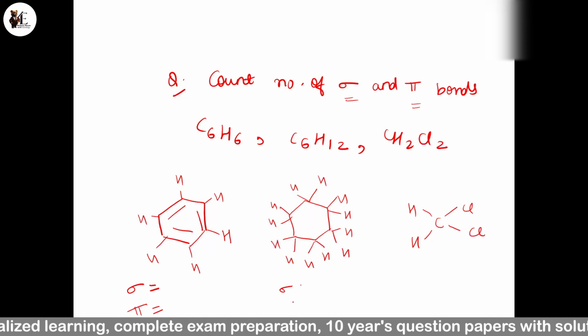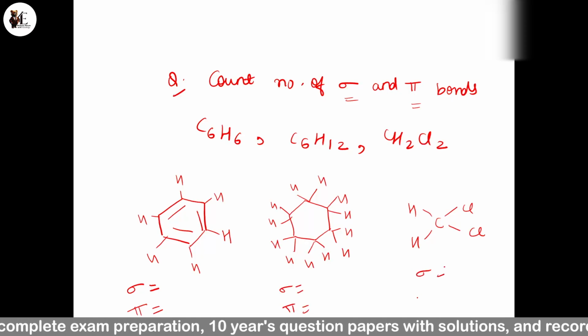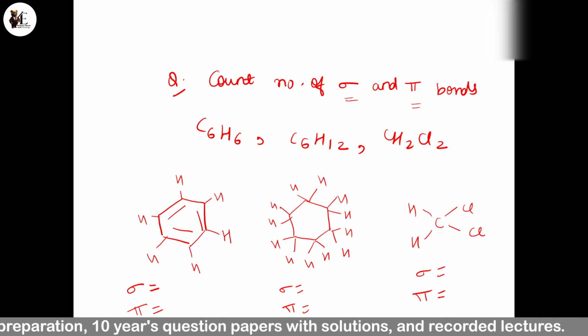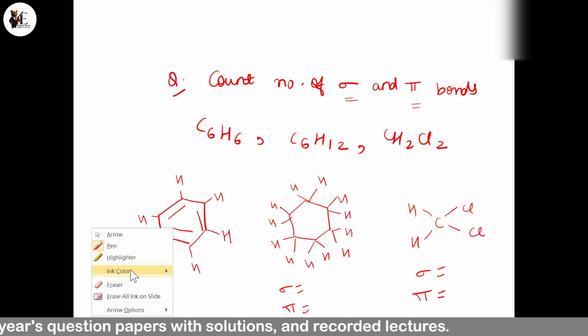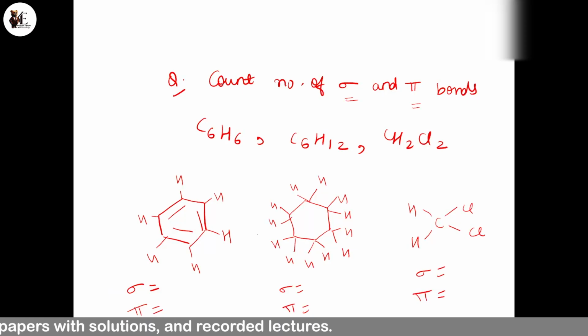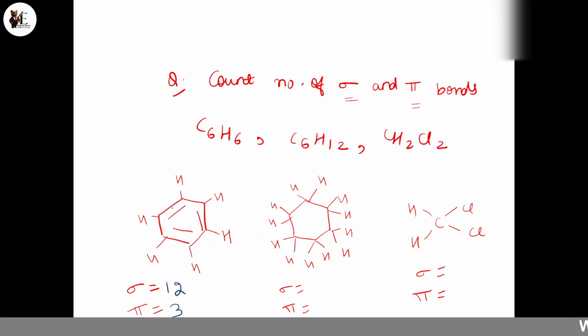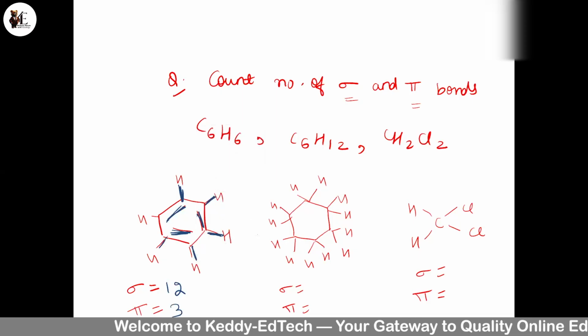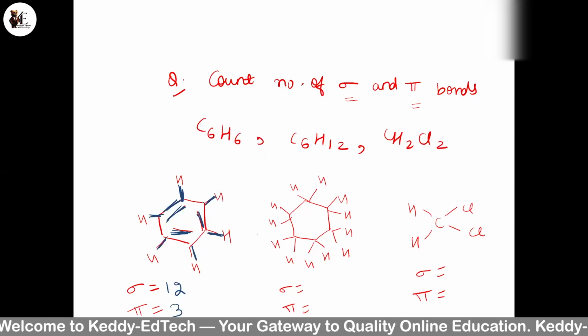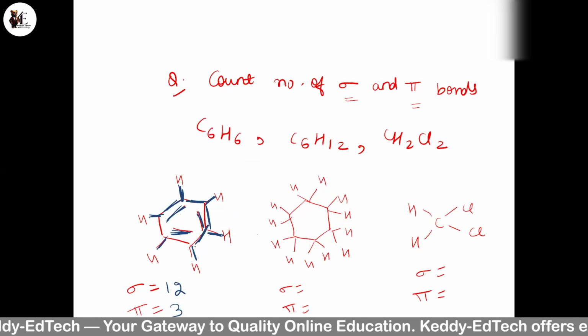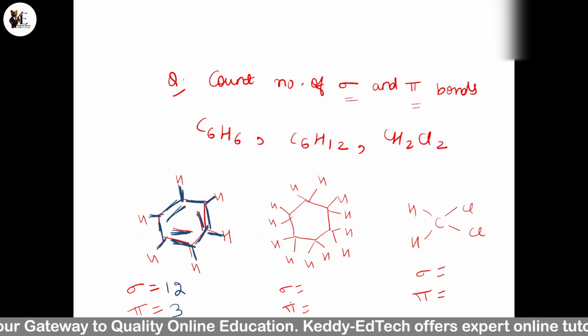And how many pi bonds are there? In benzene, there are 12 sigma bonds and 3 pi bonds. Yes, 12 sigma and 3 pi. Pi bonds you can easily see: 1 pi bond, 2 pi bonds, and 3 pi bonds. And sigma 1, 2, 3, 4, 5, 6, 7, 8, 9, 10, 11, 12. So it is 12 sigma and 3 pi.